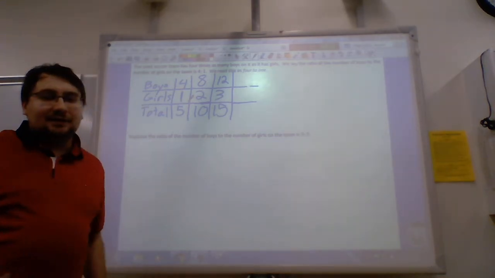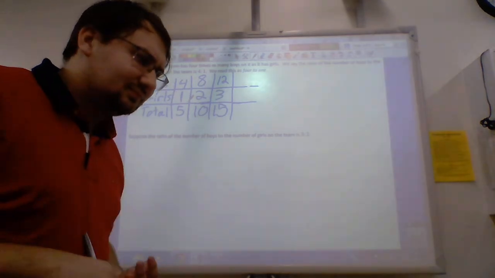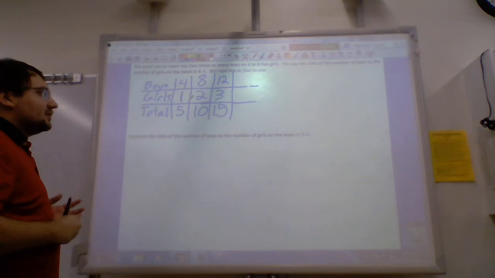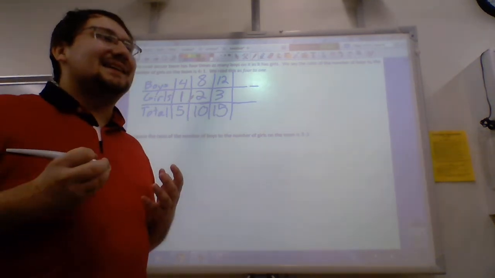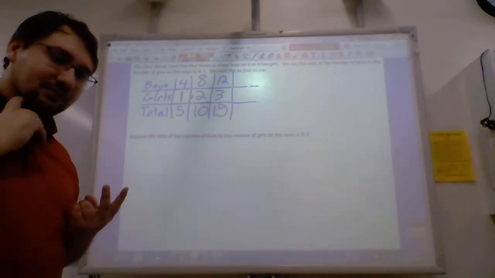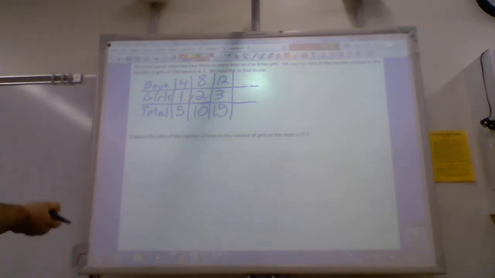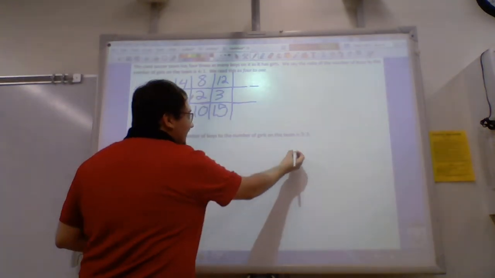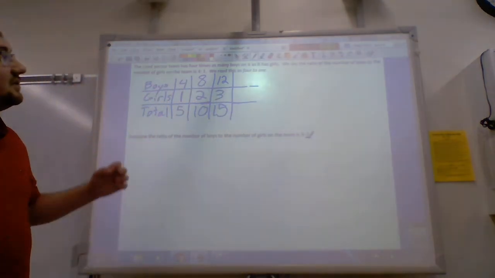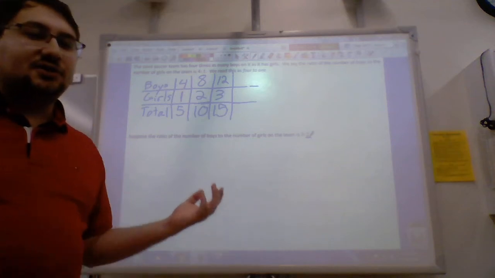But let's just say they did their counting wrong. They messed up somewhere along the way. The ratio of the number of boys to the number of girls on the team isn't 4 to 1. It's actually 3 to 2. Now this is going to get a little bit trickier because every ratio we've had so far has been some number to 1.